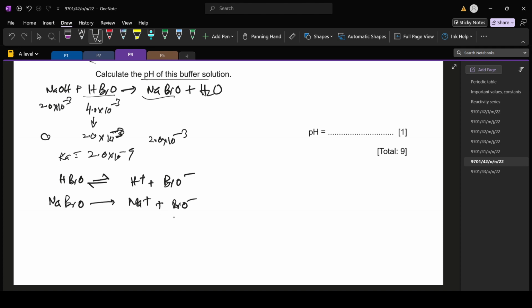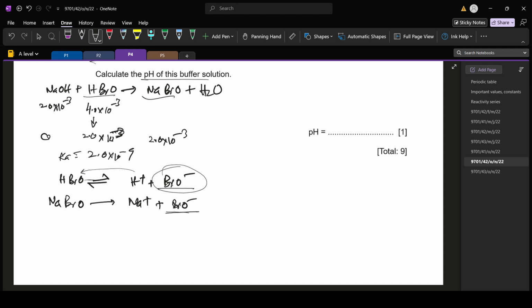So this is again a common ion effect, and you can see that the concentration of BrO minus increases, so the reaction will shift to the left side. So the concentration of BrO minus from HBrO will be very negligible, so we will not consider it.